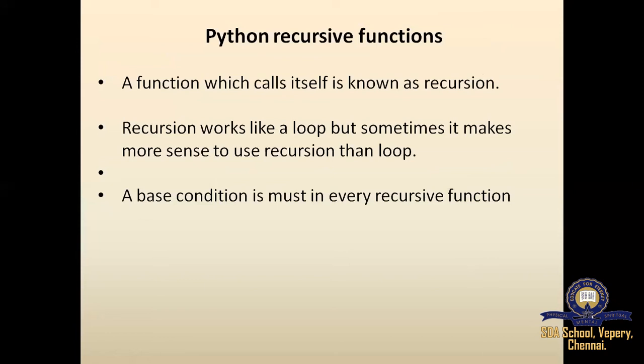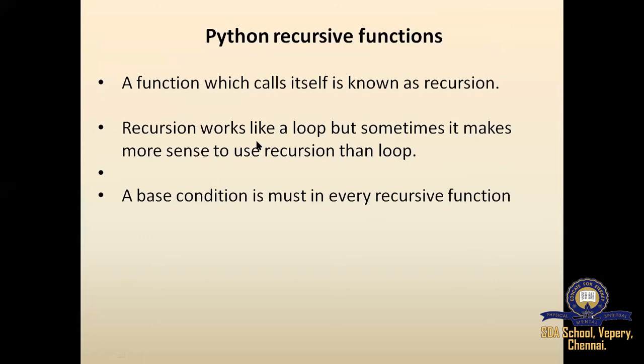A function which calls itself is known as a recursive function. A recursive function more or less works like a loop, but sometimes it makes more sense to use recursion than a loop.